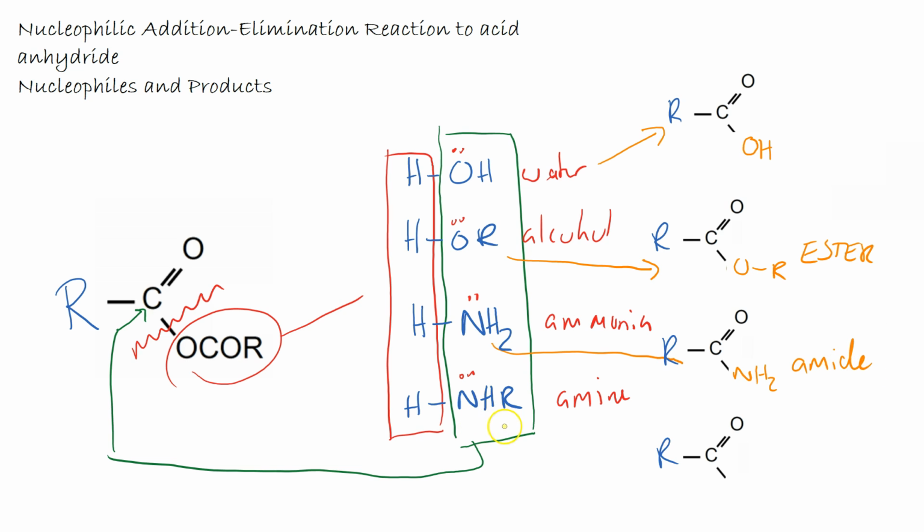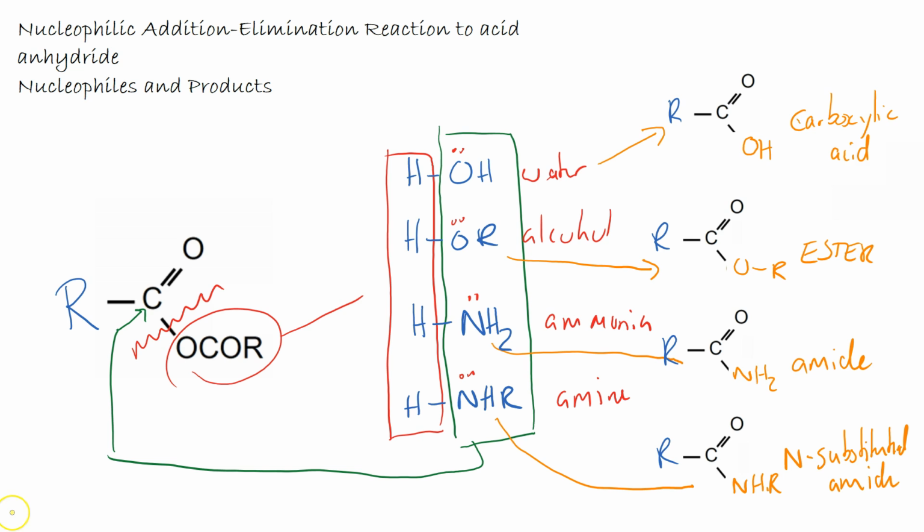And again, if we have the amine, well, we have NH2, sorry, NHR, and we have the N-substituted amide form. And so with those, you should now be able to work out all the reactions with the acyl chlorides and the acid anhydrides.